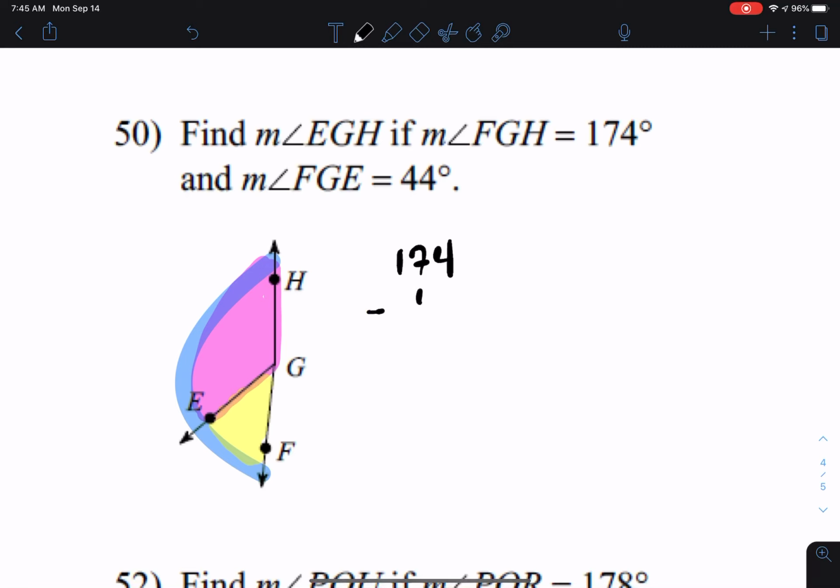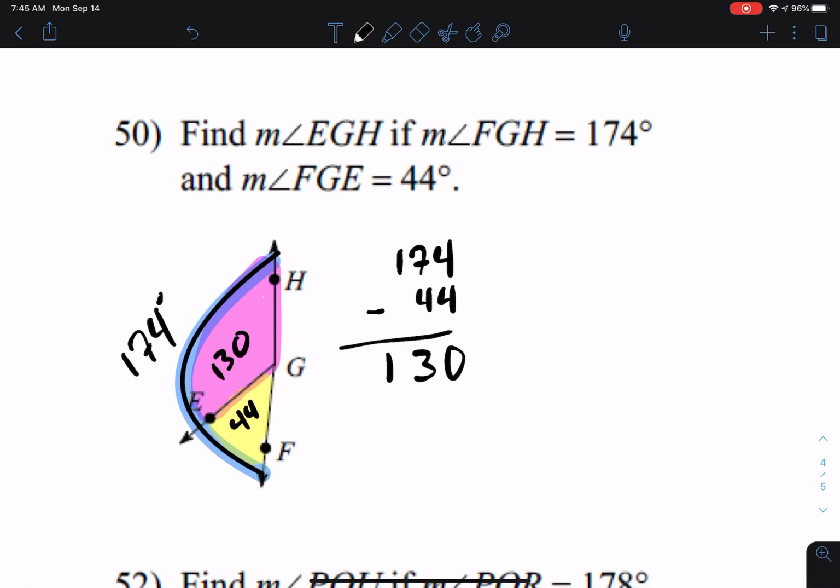So take away 44 from this. 4 away from 7 is 3, and then your 1 comes down. So 130. So that means this guy is 130. This guy is 44, and the total distance from here to there is 174.